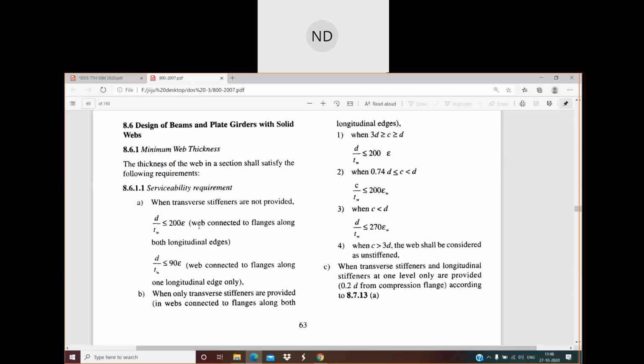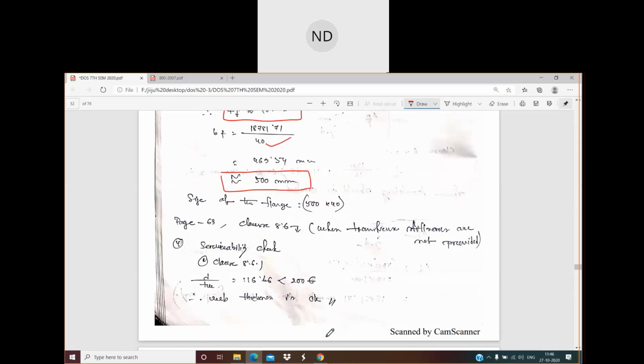But here we are going to check whether our D and TW are okay or not. Here we have the serviceability check.